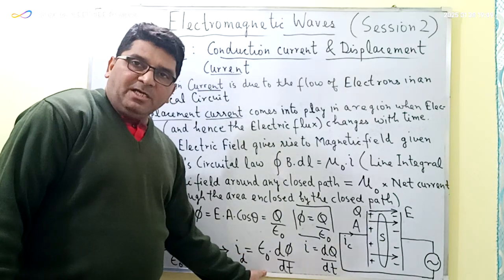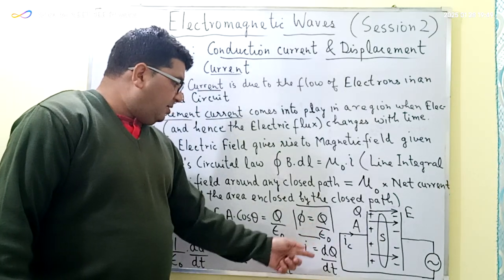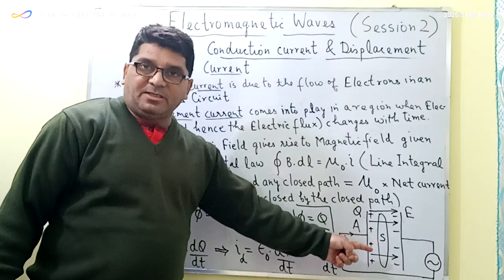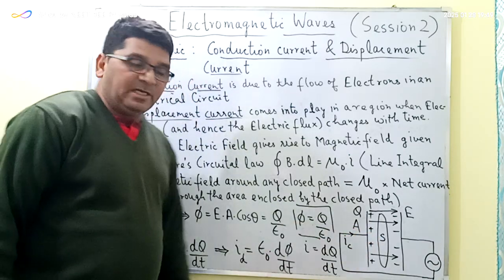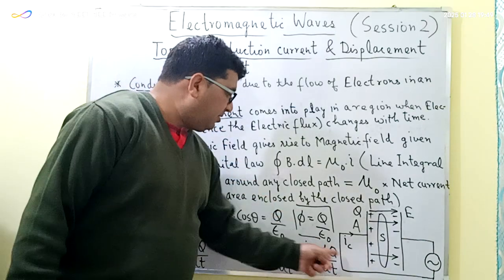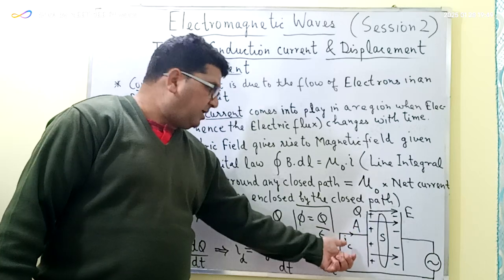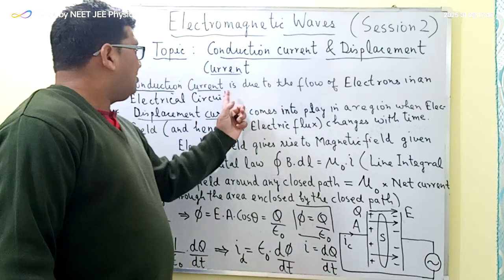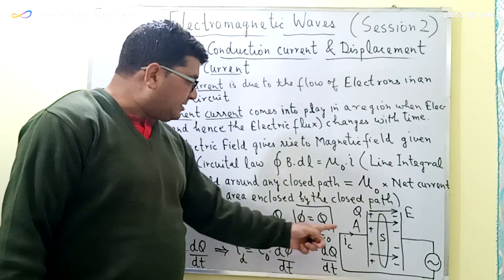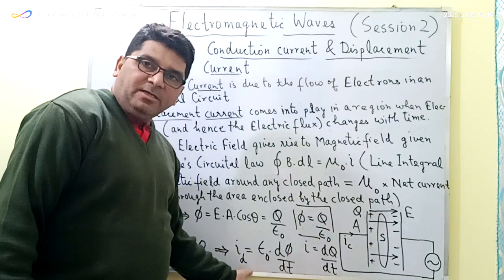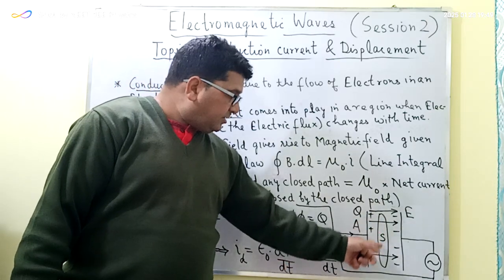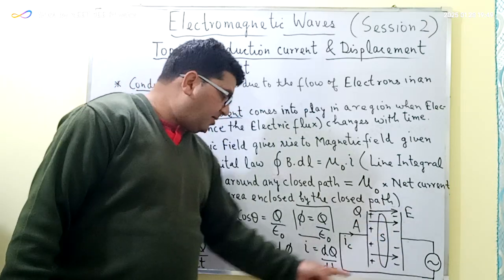Now displacement current is generated in this capacitor due to the changing electric field, and the conduction current is flowing in this circuit outside the capacitor due to the flow of electrons in the electrical circuit, whereas the displacement current is generated due to the changing electric field inside the capacitor.